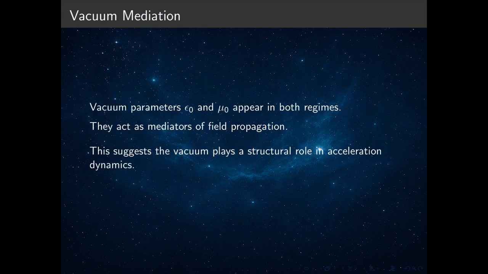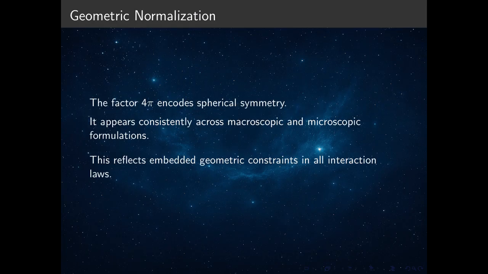Vacuum parameters, particularly epsilon naught and related quantities U naught, appear in both regimes, suggesting that the vacuum itself plays a mediating role in determining acceleration. Geometric normalization factors, including 4 pi, further indicate that spherical symmetry and boundary conditions are embedded directly into the structure of the equations.